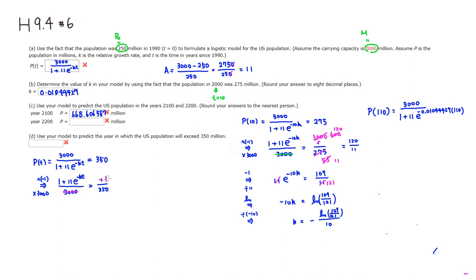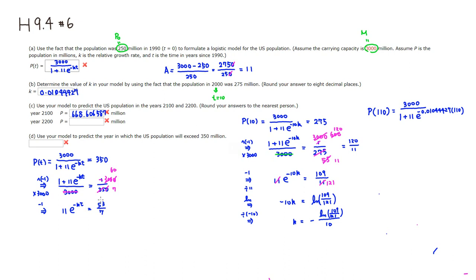Then I'm going to simplify, knocking out one of the zeros, divide by 5, so you have 60 over 7, and then I'm going to subtract 1. You're going to get 11 e to the negative kt is equal to 60 over 7 minus 1, which is 7 over 7, so it's going to be 53 over 7.